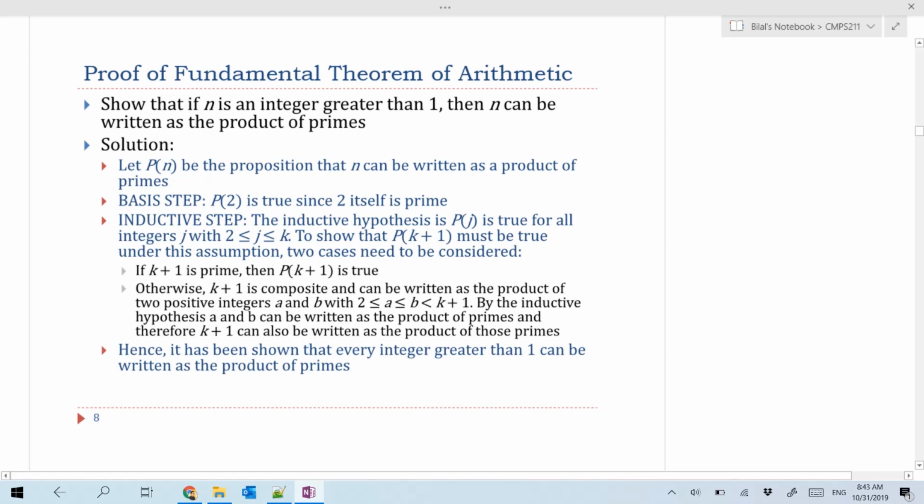So for any k, we assume that the property is true for all the j's that are between your base case and k. So here we have P of 2 true, P of 3 true, P of 4 true, and so on and so forth, up until P of k. And we want to show that P of k plus 1 is true, okay?